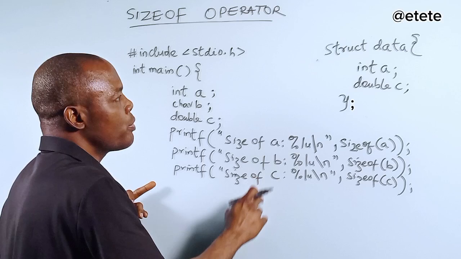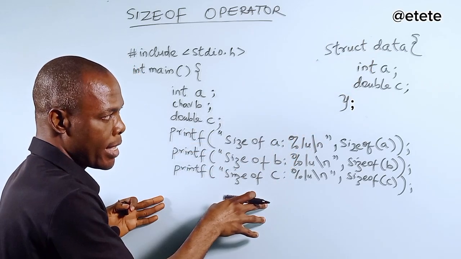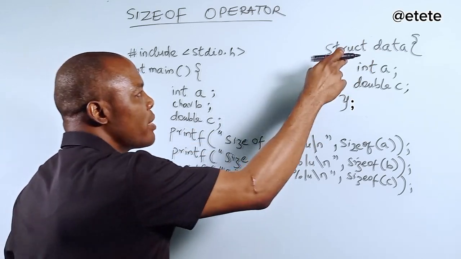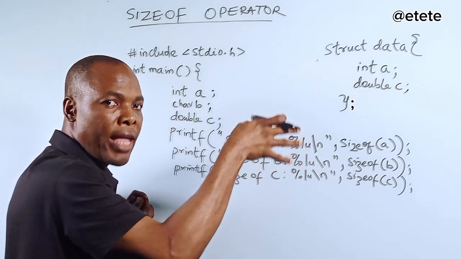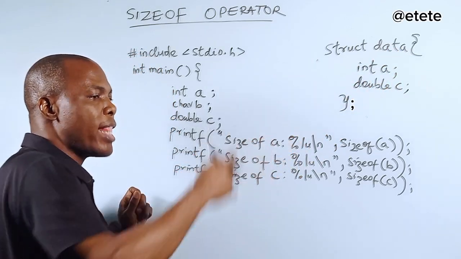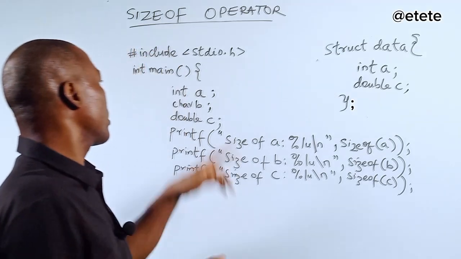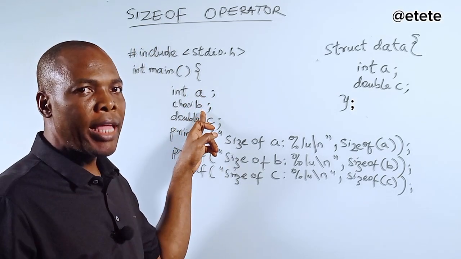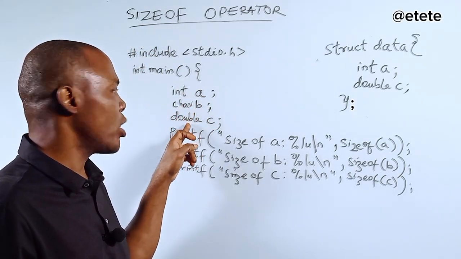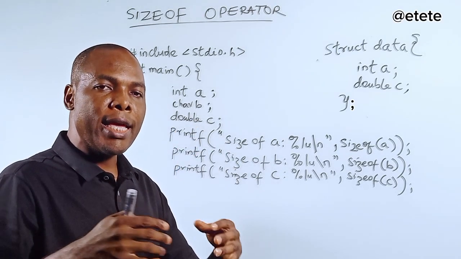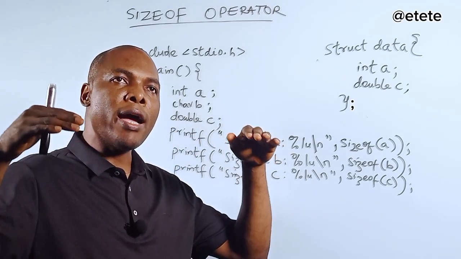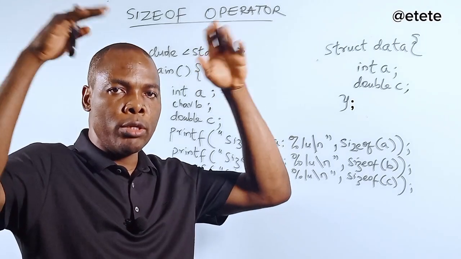Now, if I want to print out the size of this struct data, which is a derived data type, this is just like saying this one is the primary data type, which is what? This integer, char, double. It's like saying you build a bungalow and then you are building a skyscraper or a five-story building.